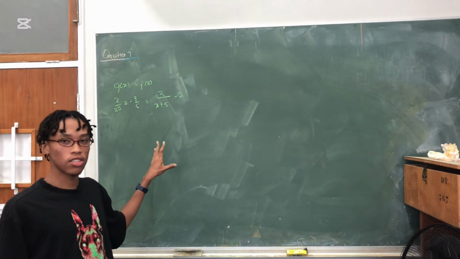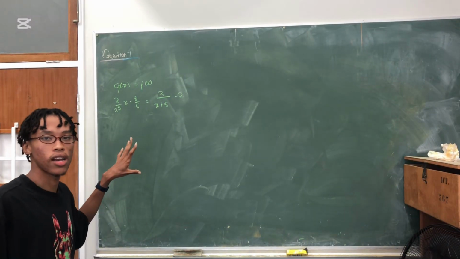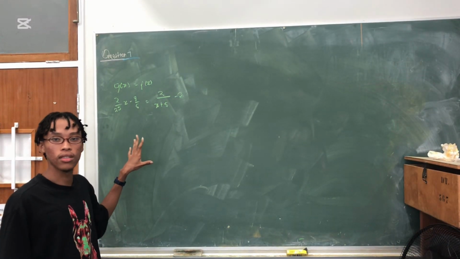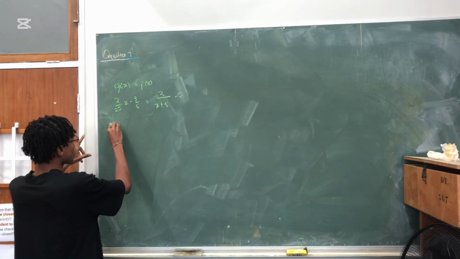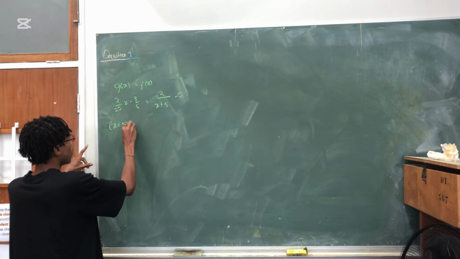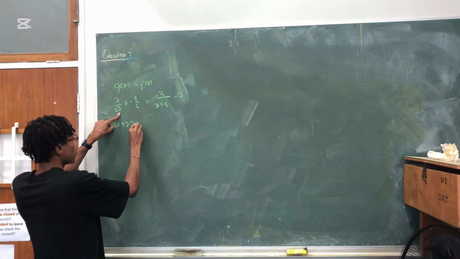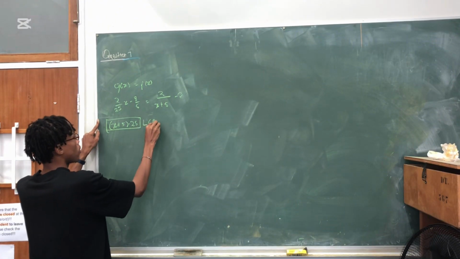We have a lot of fractions, denominators, so the best way to go about this is to find our lowest common multiple, and in this case it's going to be x plus 5 multiplied by 25.